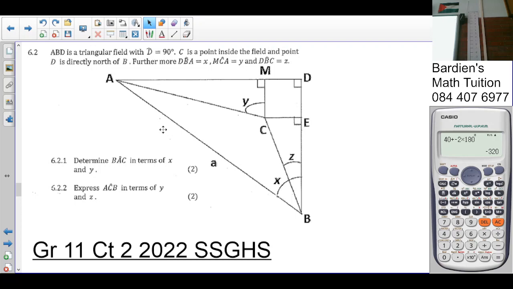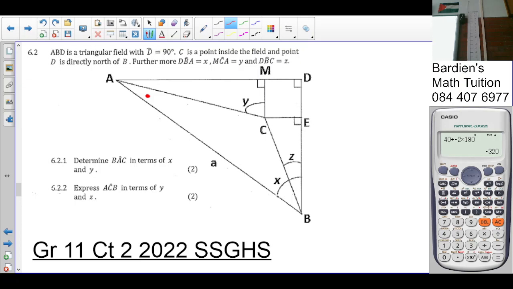Angle MCA is y. Then we are told that DBC is z. Determine BAC in terms of x and y. BAC, this angle.